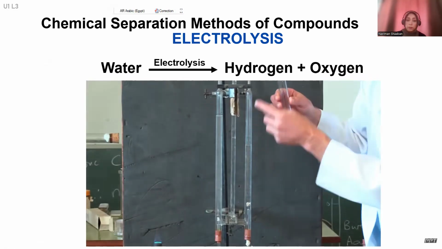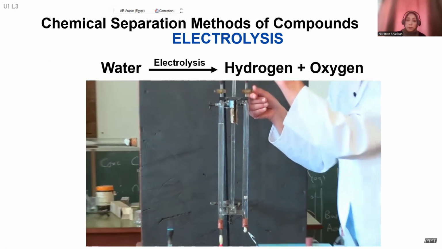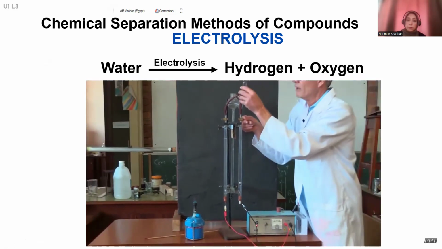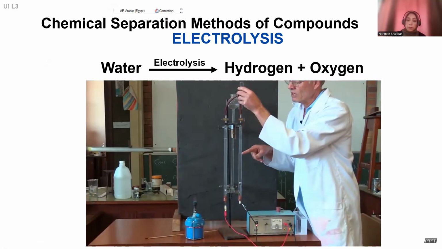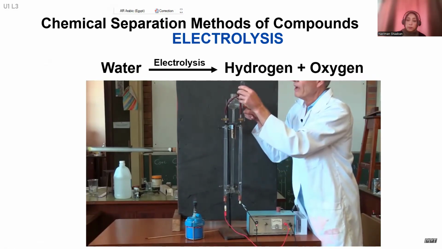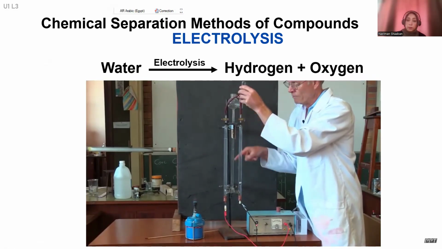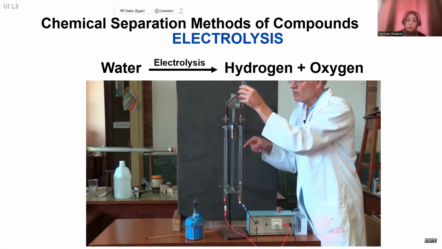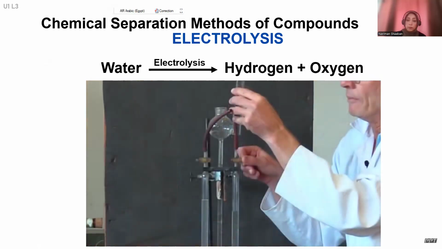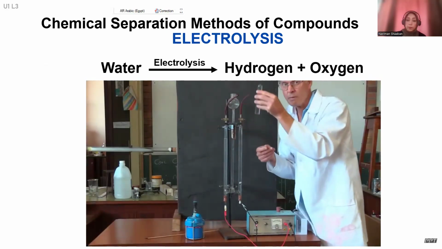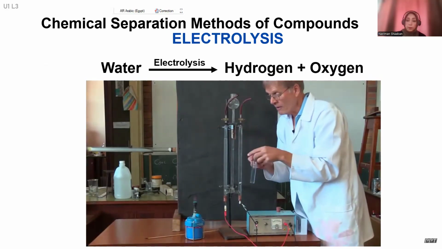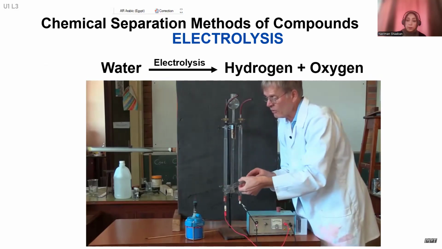To get the gas out, I put it in a test tube, and I slowly open this, and we will see the level of this liquid go up. As the reservoir drops, it pushes the level of the hydrogen up. There we go. So this is pretty much full of hydrogen. Now we're going to take it and see what happens.